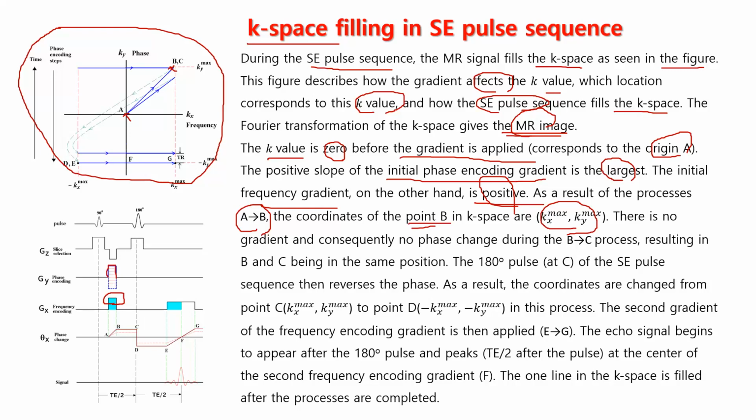So ky max, and the frequency encoding gradient is positive. So the position of kx is also its maximum position here. So for this process A to B in k-space, A is here and B is here.